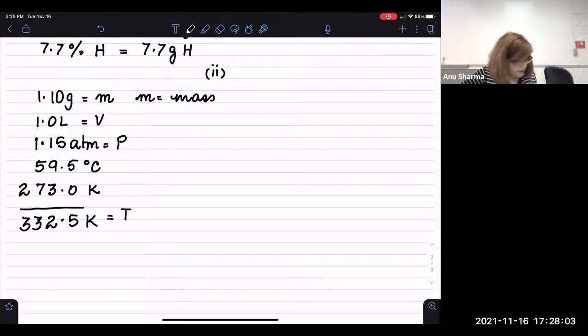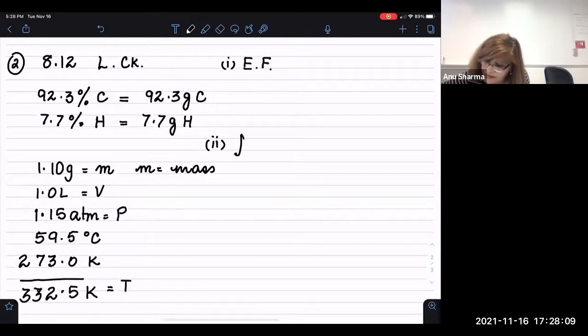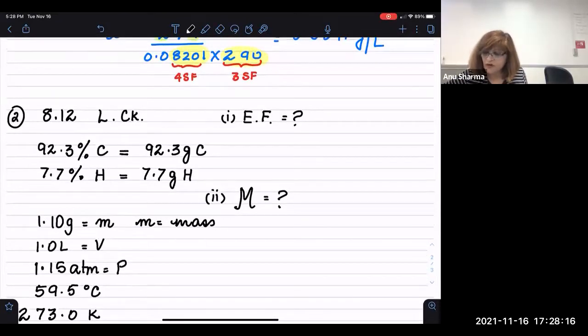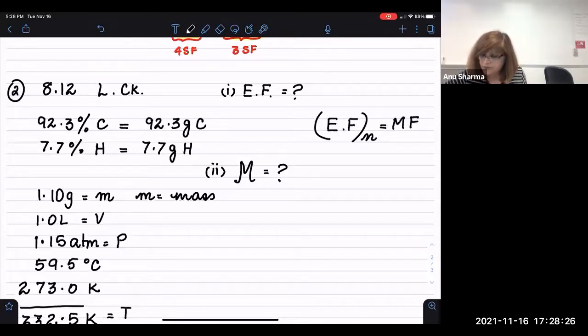So 332 Kelvin is the temperature. What is the molecular formula for acetylene? So the second one is saying find the molecular formula. We know that once you get the empirical formula, empirical formula times N is equal to molecular formula. But how would you find N?